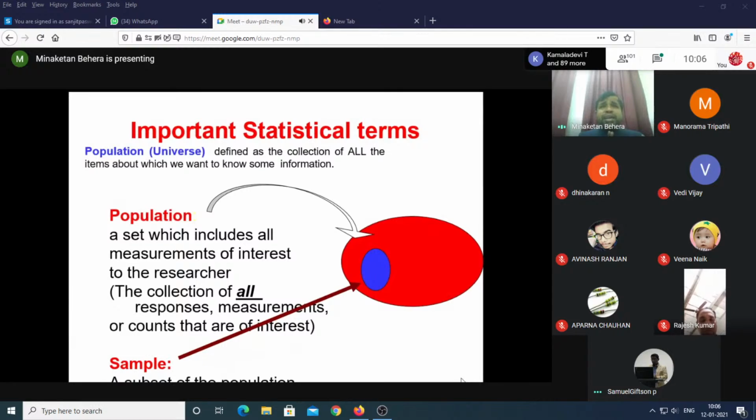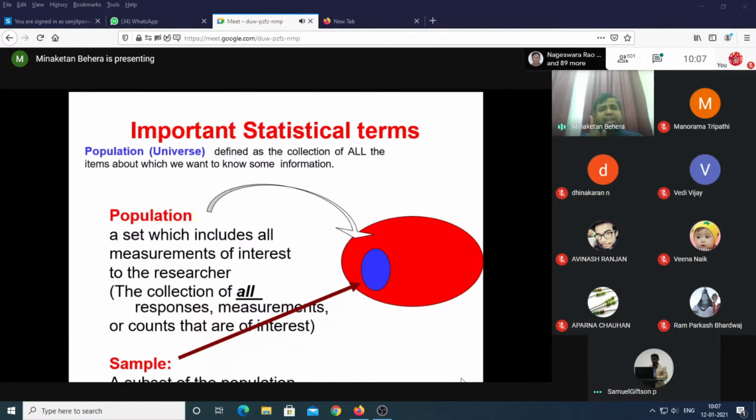When you say population, many people confuse it with the census, thinking we people are the population. No. For a researcher, population is defined as that from which he or she will collect the information for his research work.